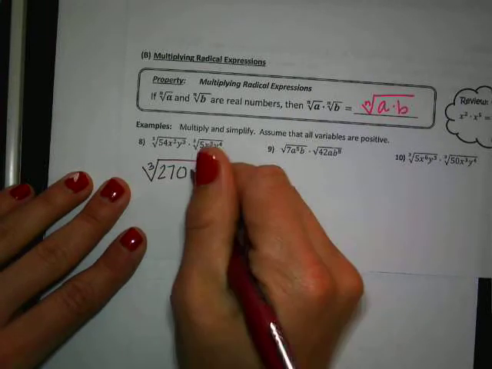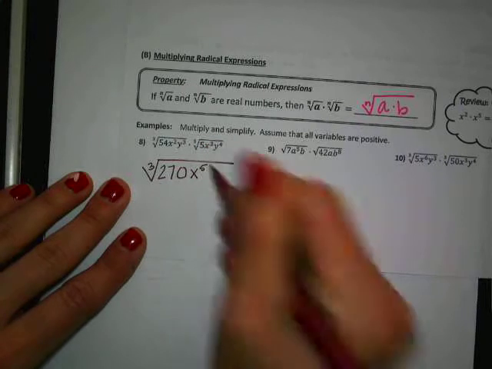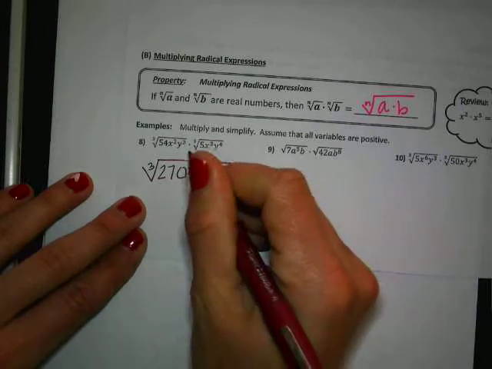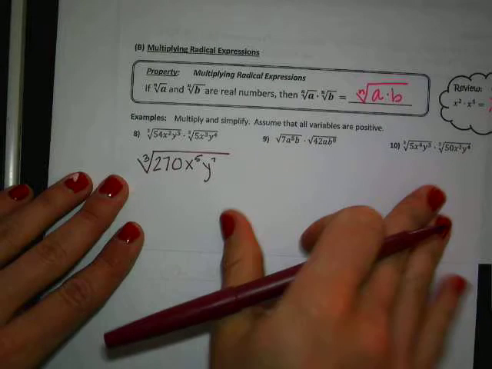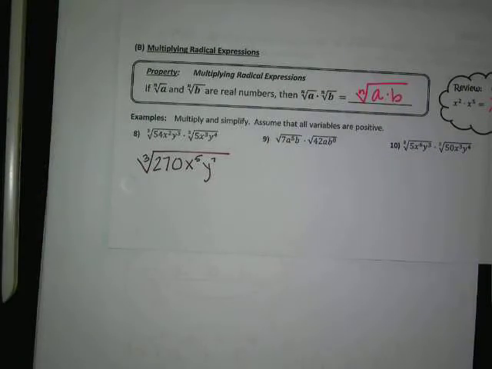X squared times x cubed is x^5. Then y^7. When you multiply, you add your exponents, and then 3 plus 4.